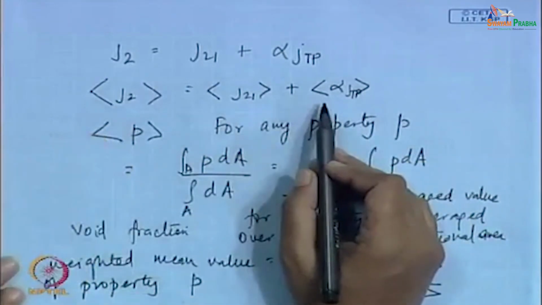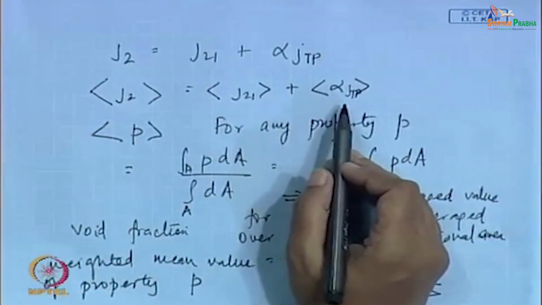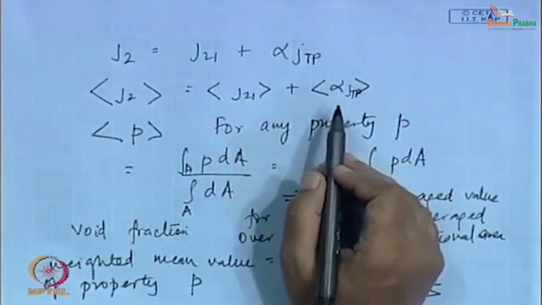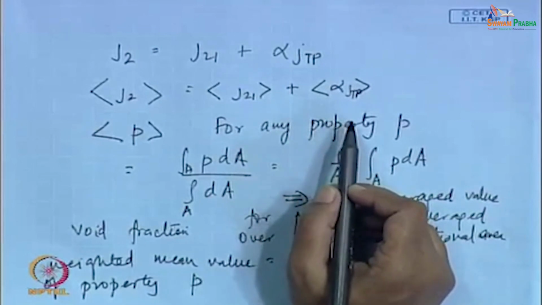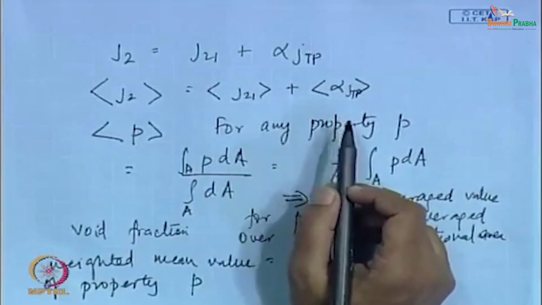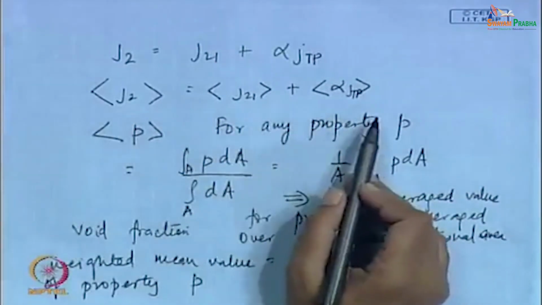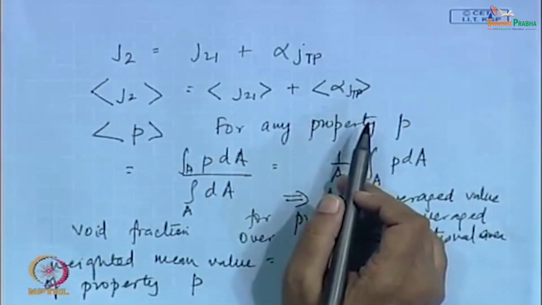From this particular model or concept, a very rational approach to obtain the 1-dimensional drift flux model will be to integrate the 3-dimensional drift flux model over a cross sectional area, and then we can introduce proper mean values. Okay. We can integrate this by using this particular formula over the entire flow field and over the entire cross sectional area, and then we can introduce proper mean values.